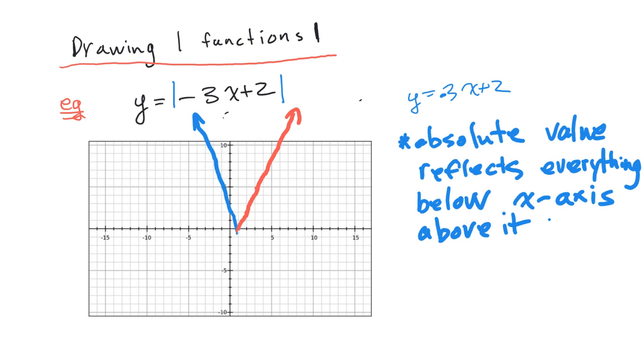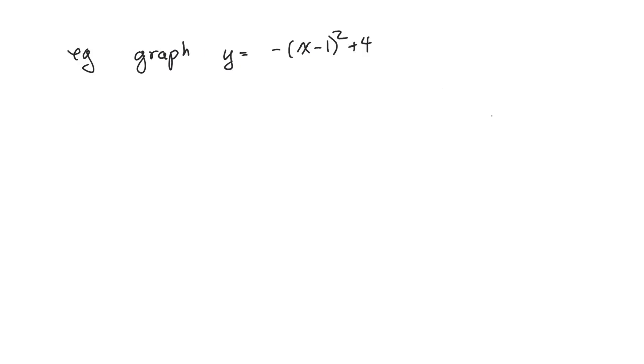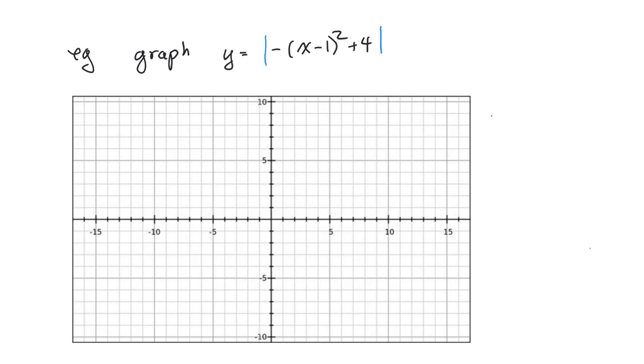So imagine I give you another one. Imagine I give you the graph y is equal to negative (x minus 1) squared plus 4. But this time I want you to do the absolute value of that. Normally when you graph a problem like this, you either use your vertex and your step method, or you find the vertex and the two x-intercepts and graph it.